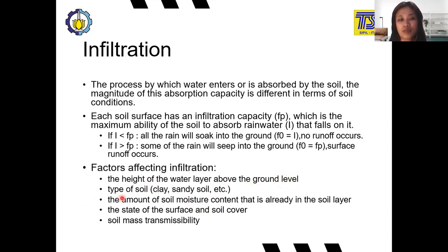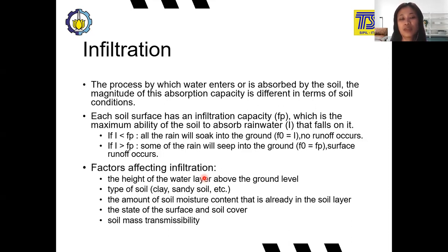And the second one is the type of the soil. The clay soil and sandy soil will be different regarding the infiltration capacity. And then the third is the amount of soil moisture content that is already in the soil layer. For the type of soil which is wet, it means the soil moisture content is already big inside the soil because it's already wet in the beginning.